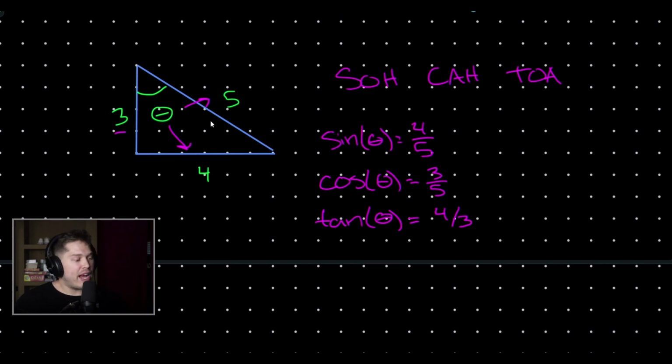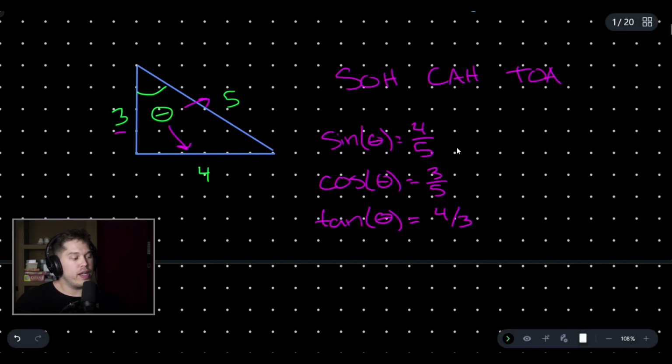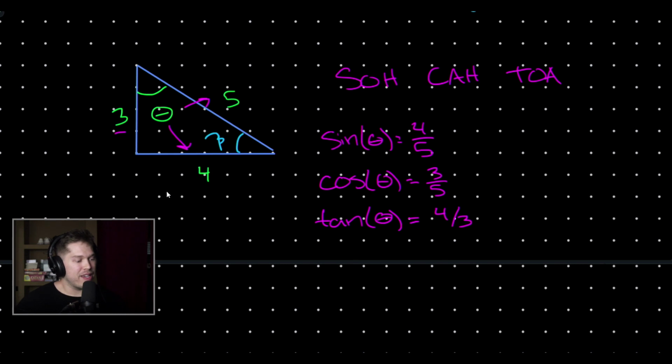Okay. Now this is sine of theta, cosine theta, and tangent of theta. What if we included the other angle? Let's call it beta. We have angle theta and angle beta. And I want to know the sine, cosine, and tangent of angle beta.